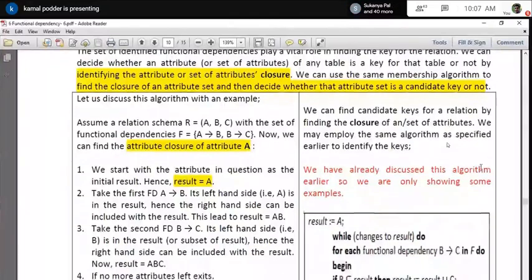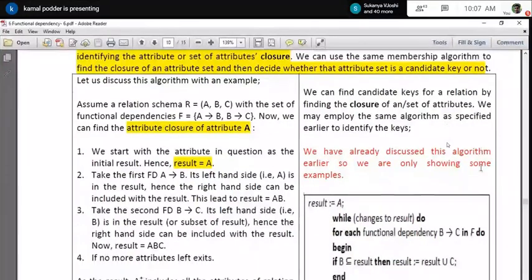Okay. Now let's see again. Just check the algorithm. Here my objective is not the proof of the algorithm or other things, because that is another area. The only thing is that if you know the algorithm, how to use it is the most important thing. Membership and the algorithm we have already discussed.